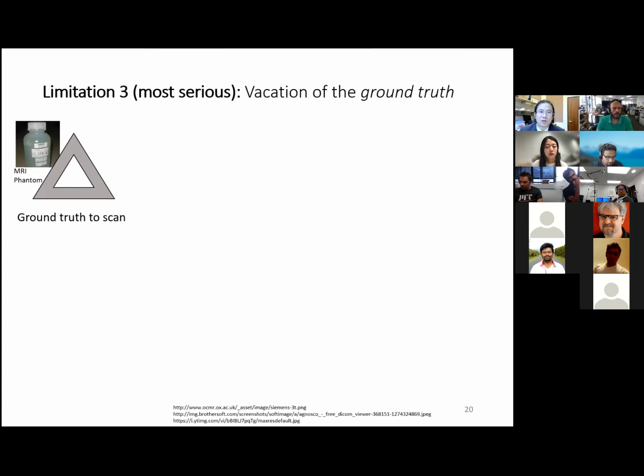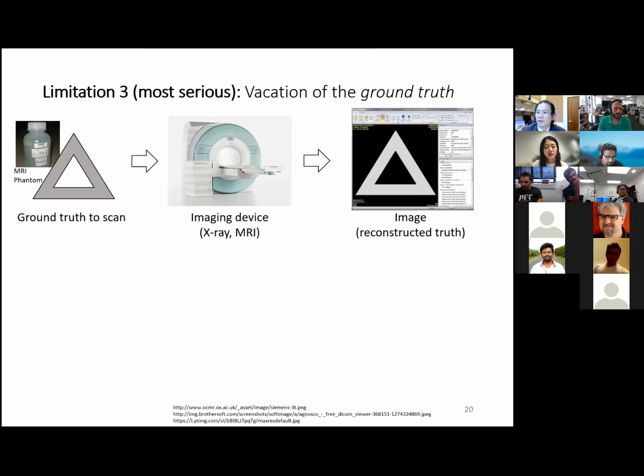In the case of the MRI studies, we always use phantom, which is a bottle filled with some solution, and we put it in the scanner and we scan it, and you get the image on your screen. So in this case, the ground truth is the phantom in the scanner, and on your screen you get the image of the ground truth, right?